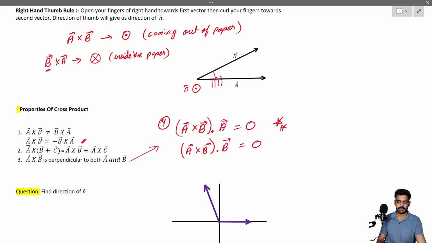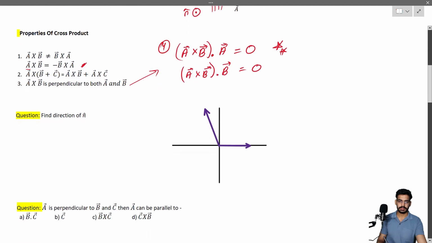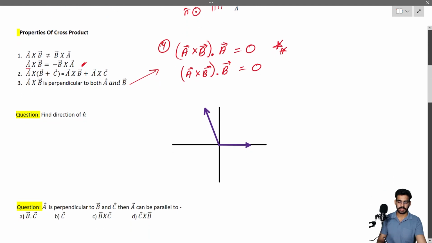Okay, next we have one question: find the direction of n cap. We have two vectors, A vector and B vector, and we are given A cross B. So how will we find the direction of A cross B?